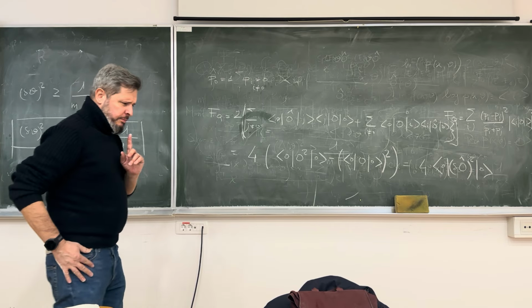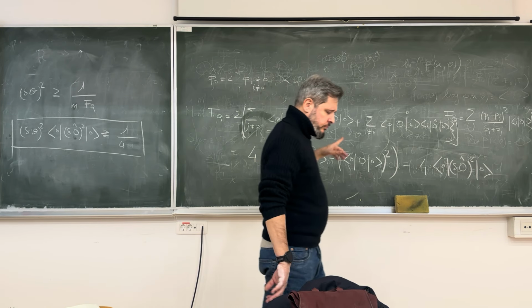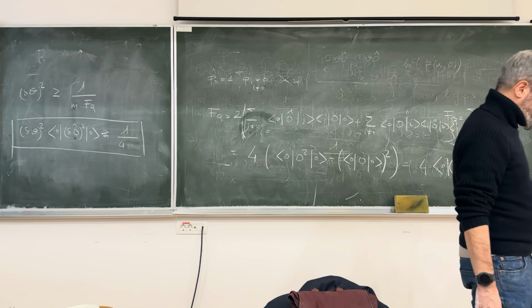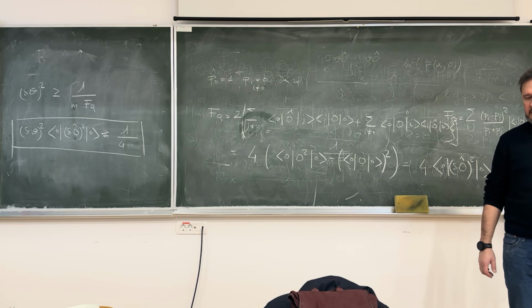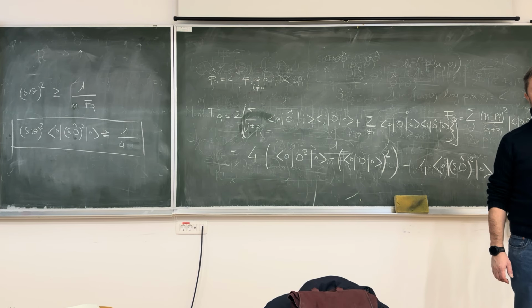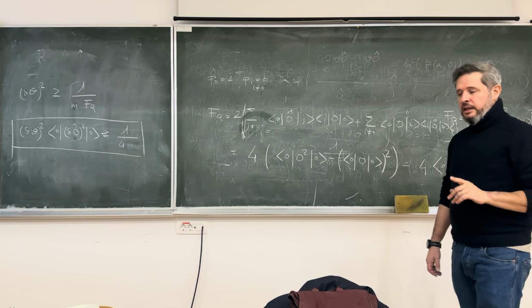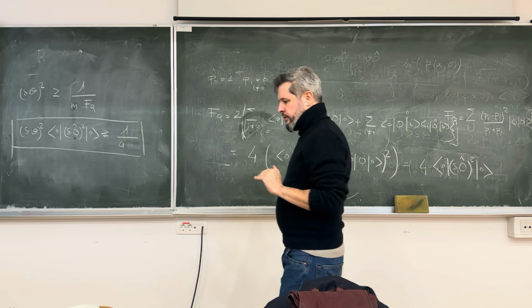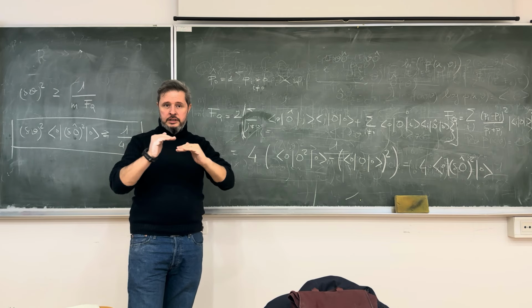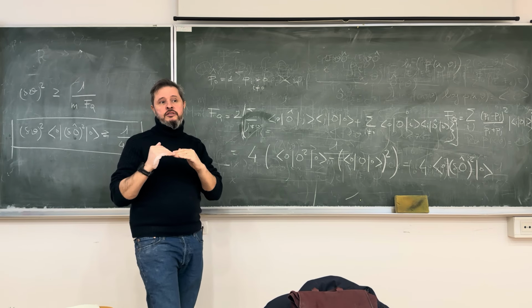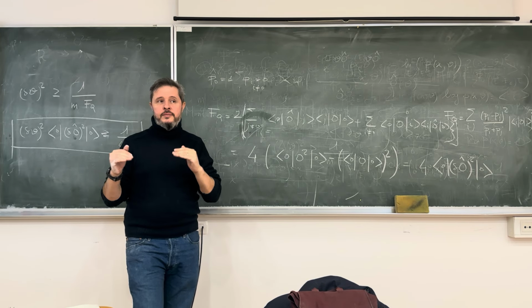Now, what is the problem of this Cramér-Rao bound? The problem is the following: in the case of a classical system, I told you that the maximum likelihood estimate is saturating the bound. So in principle, we know how to get the best accuracy for delta theta.